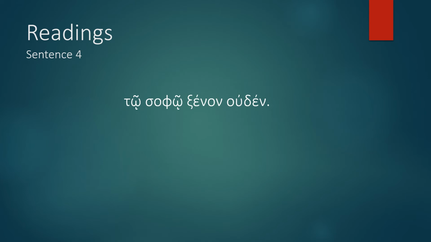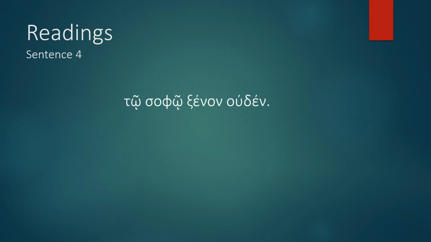Xenon, we have a bit more options. That omicron nu ending, it's either masculine singular accusative, or it is neuter singular, nominative, accusative, or vocative. Well, there's nothing which could introduce a direct object in this sentence, and we're not addressing anyone.